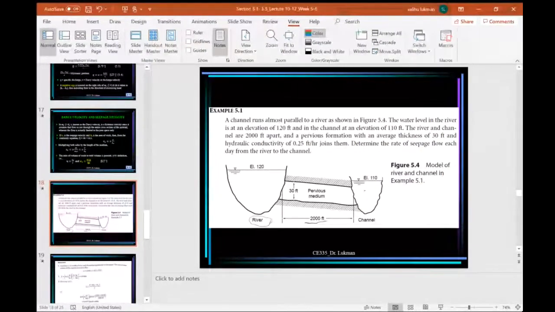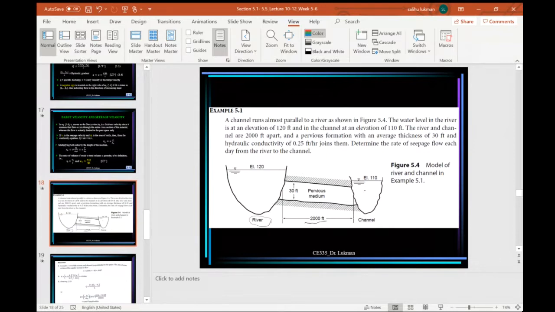You need to understand all these words, because sometimes in exams some of you may ask the meaning of words. We can use permeable, semi-permeable, and impermeable, or pervious, semi-pervious, and impervious.